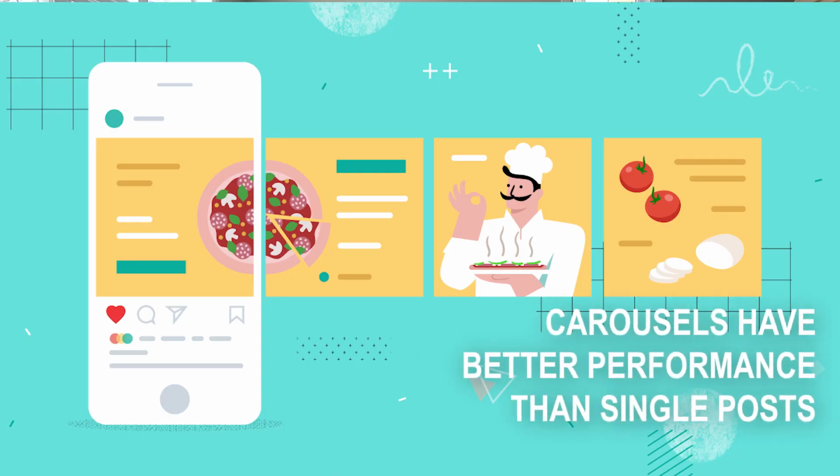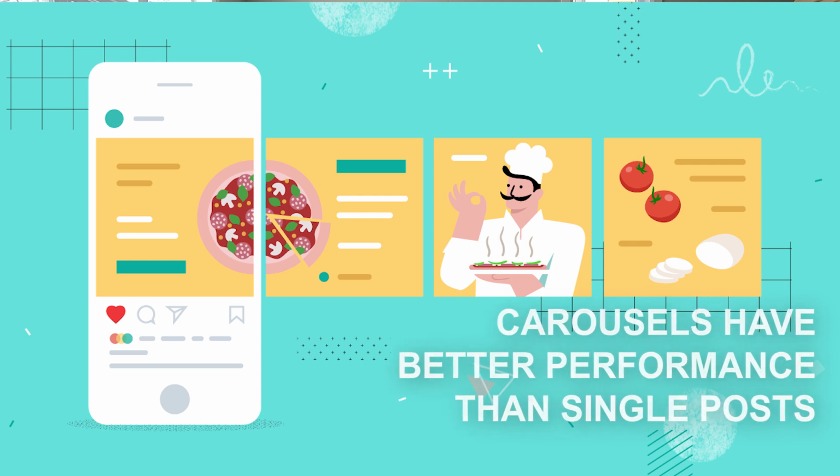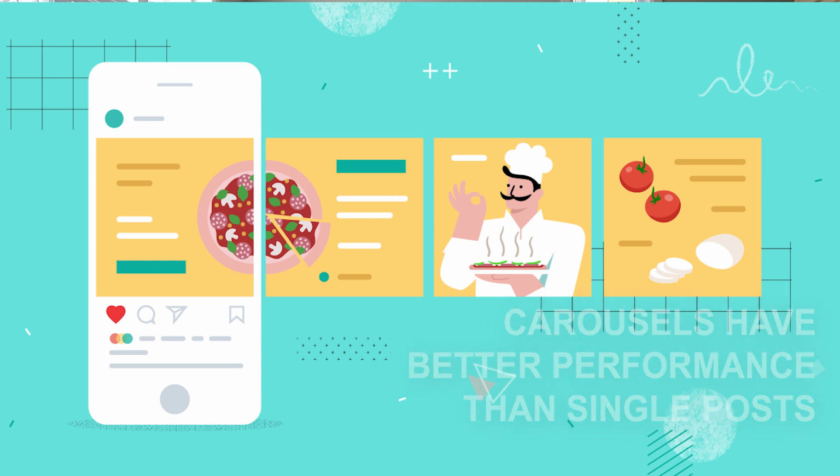One hot tip that's really, really trendy right now, we're in spring of 2023, is carousels are performing way better than singular photos in posts. So if you're going to make a post with just a photo, try to identify how could you make several photos, right, as part of a carousel for that one post? It's kind of logical.